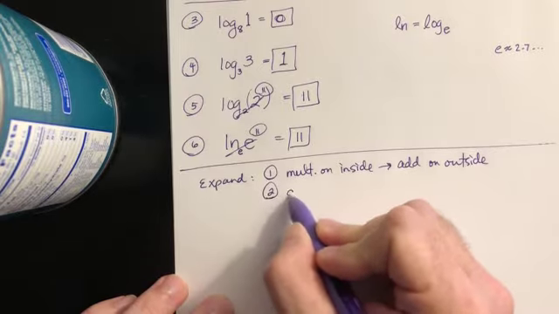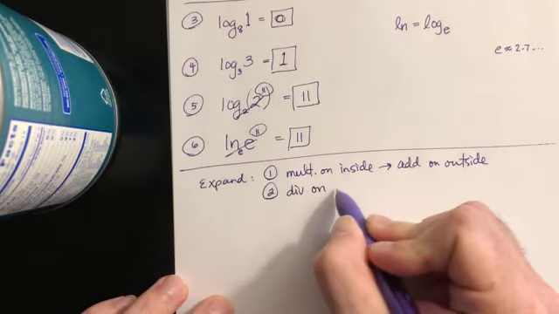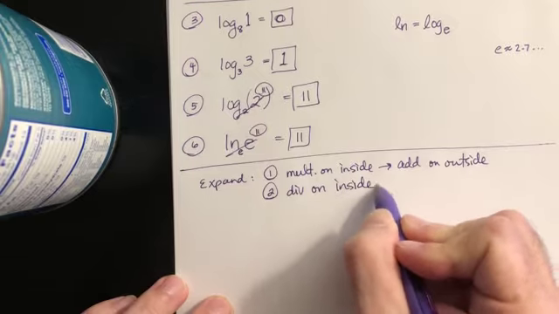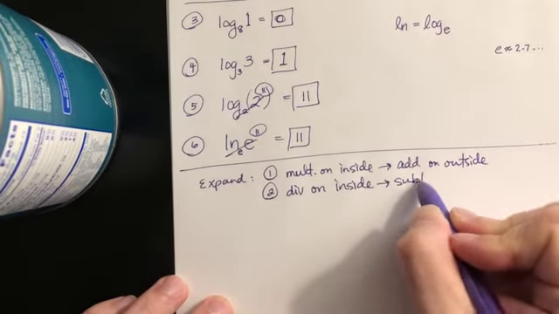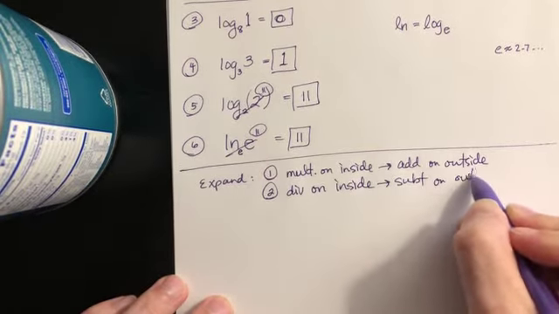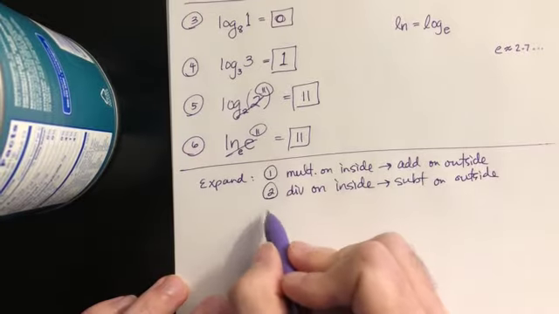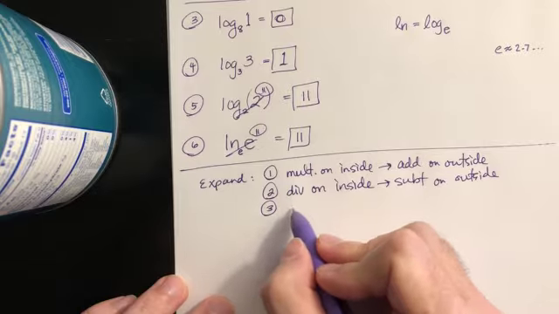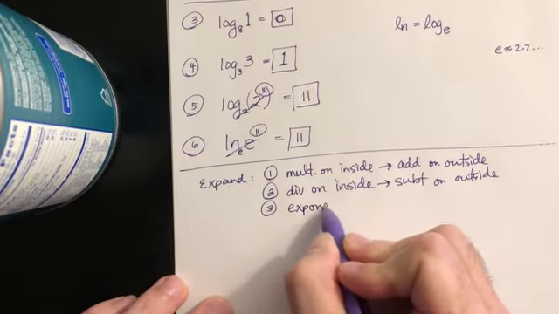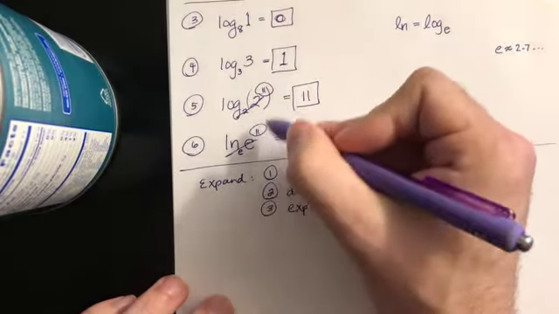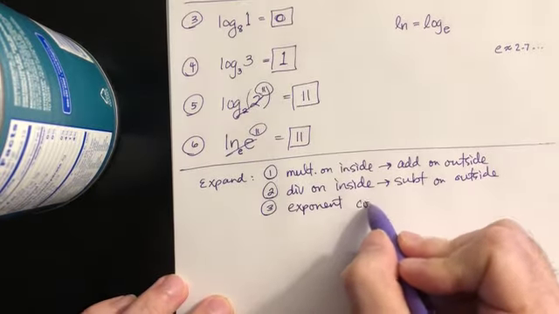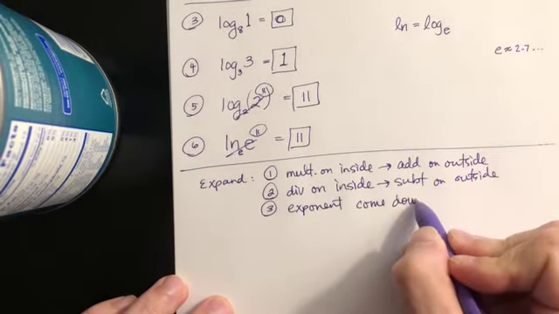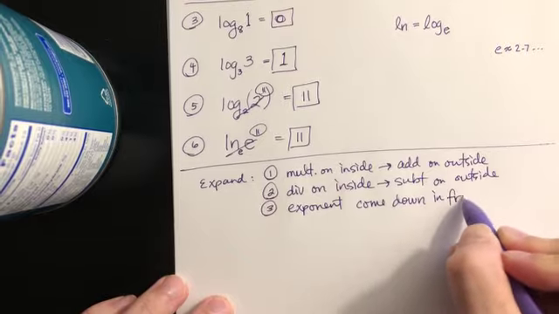And you also have divide on the inside means subtract on the outside. Then the last rule you have is that if you have an exponent like these 11s right here, they come down in front as a coefficient.